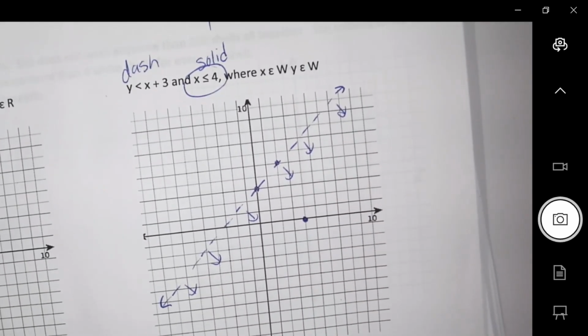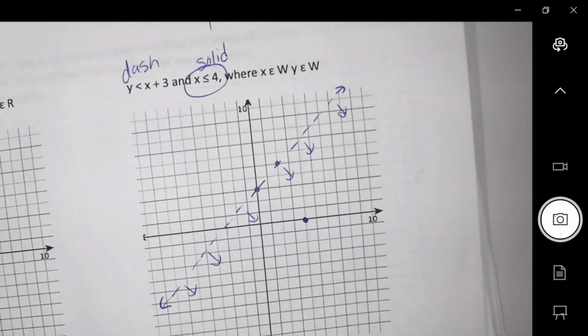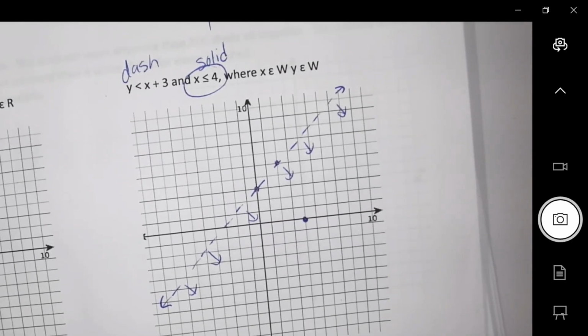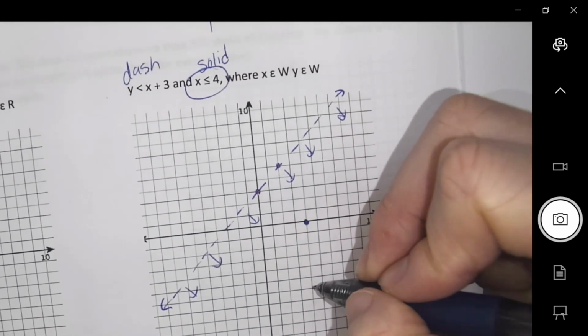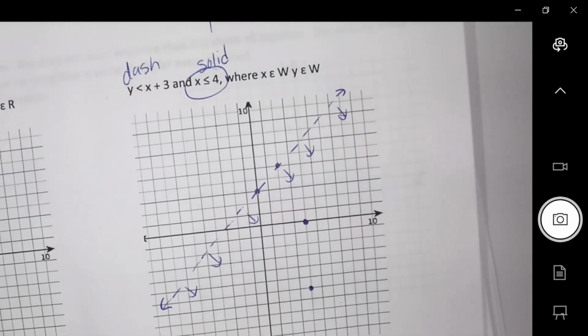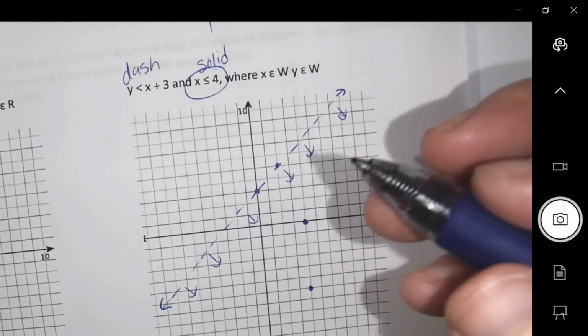Can you draw me a second point, anywhere, that has an x value of 4? What kind of special line is it going to make? A straight line up and down, a vertical one, and it's solid.